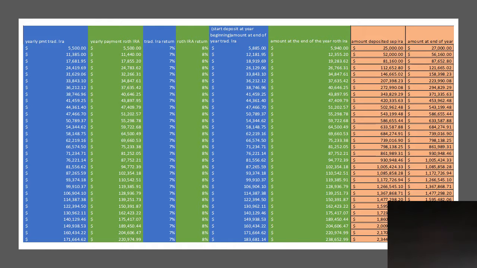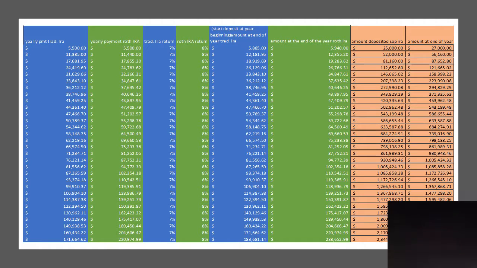As you can tell, this is an Excel sheet I created, just showing returns if you were to get 7-8% returns on each account: traditional IRAs, SEP IRAs, Roth IRAs. And if you look at the green line, the Roth, you would essentially have, after 30 years, almost $250,000 roughly. Same in the traditional.